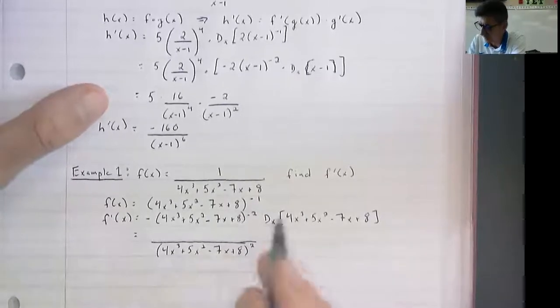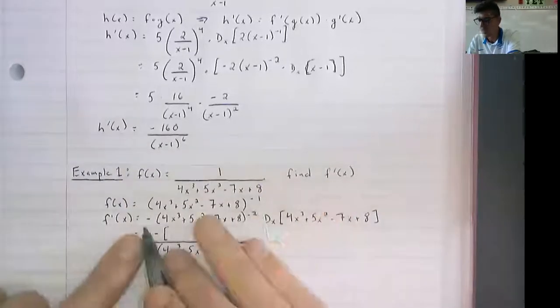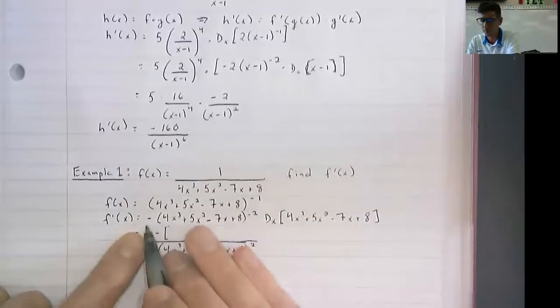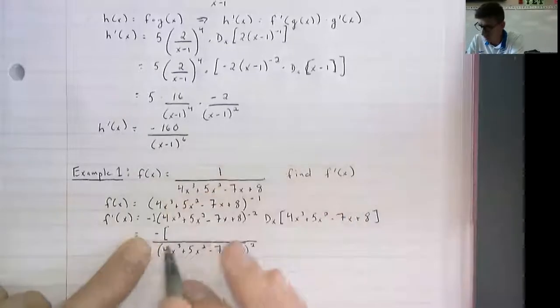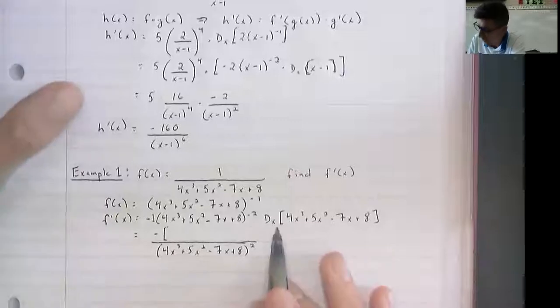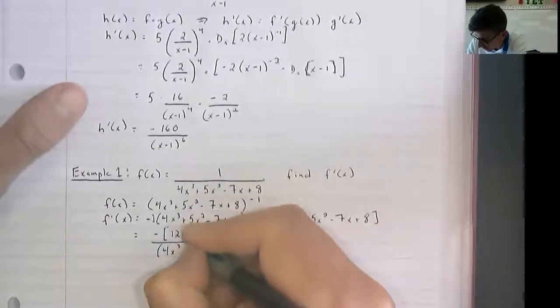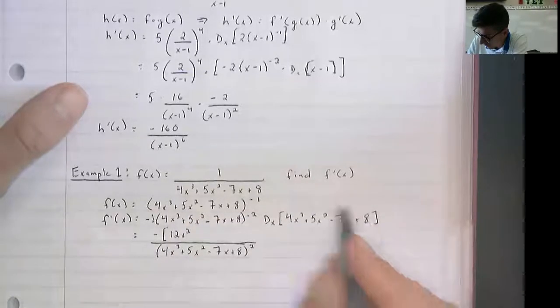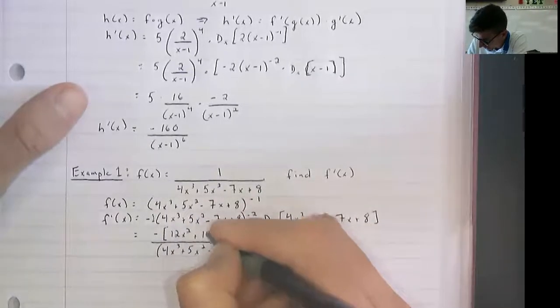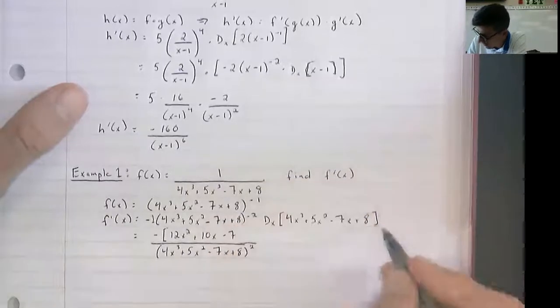And then we'll deal with the top. This is going to be the opposite. So we have this negative from when the negative 1 dropped down, and now it's just an opposite of whatever this derivative is. Going term by term, 4x cubed becomes 12x squared. 5x squared becomes 10x. Negative 7x becomes negative 7.